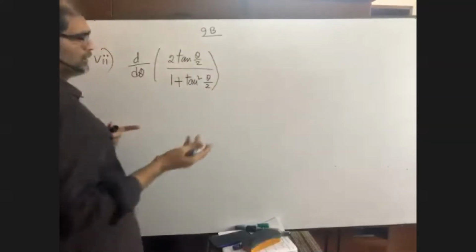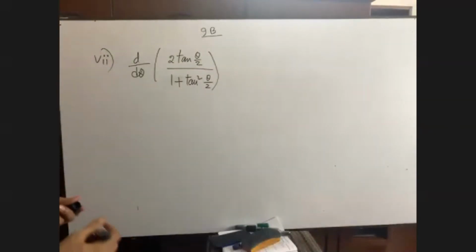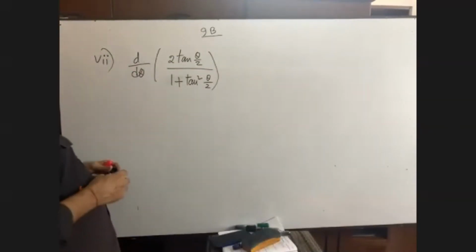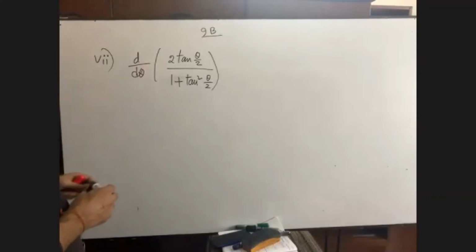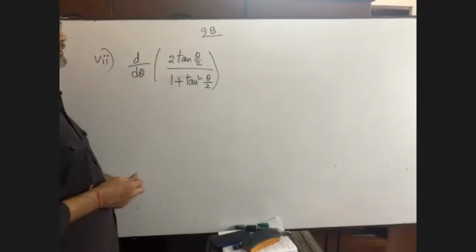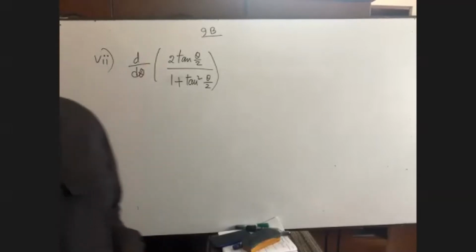Perhaps you are afraid of seeing the math. No, nothing. You just convert into sine, cosine, whatever it is. What is the formula? Can you please let me know? One day I told you, sin 2 theta.